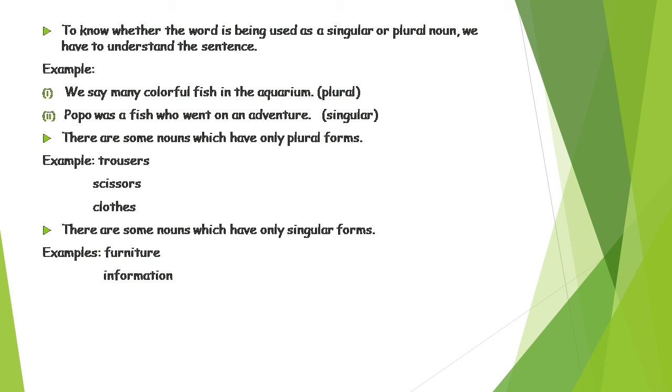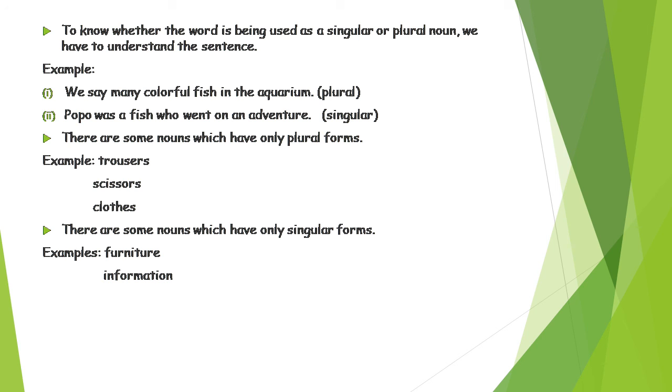To know whether the word is being used as a singular or a plural noun, we have to understand the sentence. For example, we say many colorful fish in the aquarium. This is in the plural form. Why? You may have this question because we have seen only one aquarium, but fish is in the singular form.